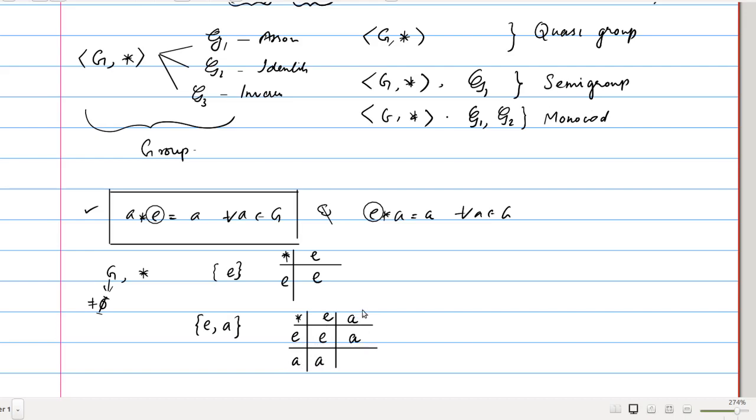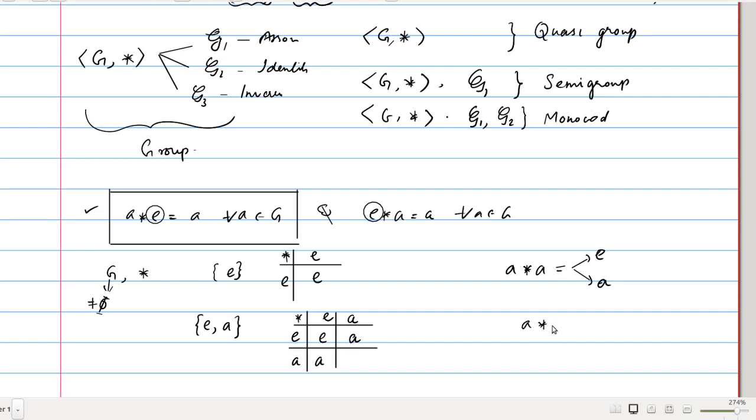Now we have A star A. What will be this element? It has two possibilities, either E or A, since these are the only two elements of that group. So if A star A is equal to A, what is the meaning of that?